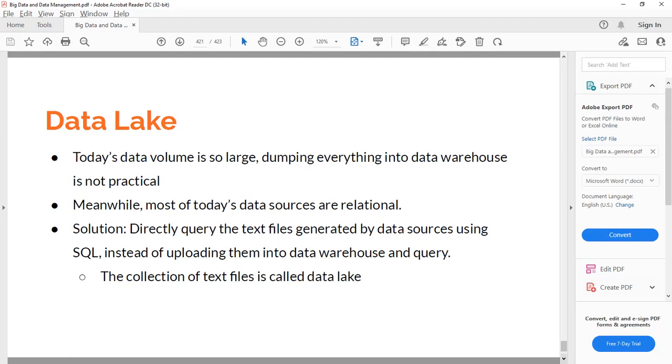But on the other hand, data lake data is not clean. So usually what's happening is you will have a data lake and you will have a data warehouse. You will load the most critical data into the data warehouse. But for the majority of the data, that is one time, you probably will not load them into the data warehouse. An example is Twitter.